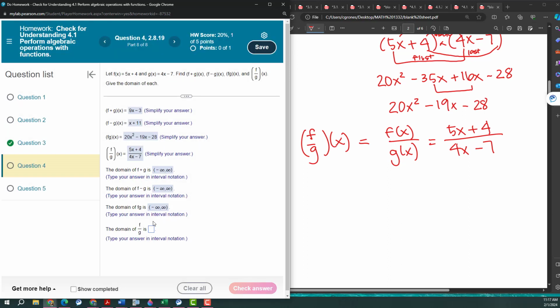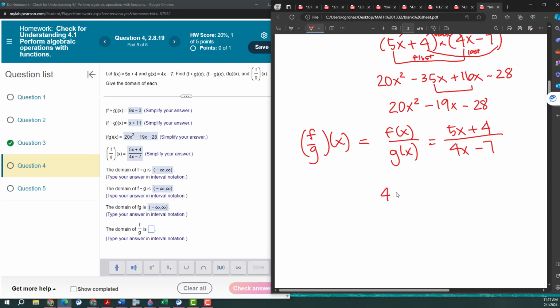Because remember, we're looking at our domain. The domain of f over g, so this one is not going to be negative infinity to infinity, only because our denominator cannot equal 0. So since our denominator cannot equal 0, 4x minus 7 cannot equal 0. So that means that 4x cannot equal 7.